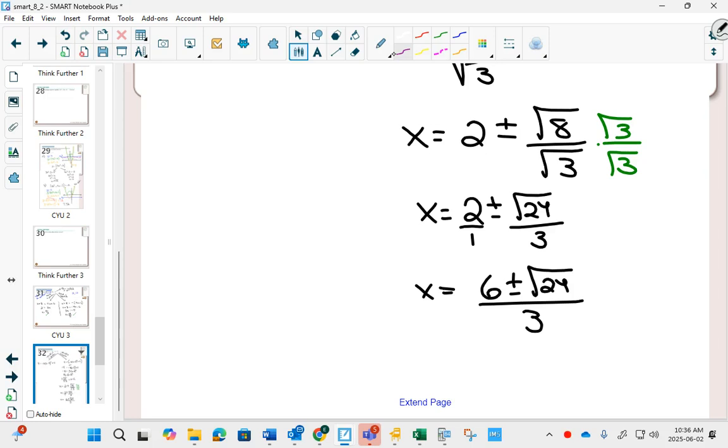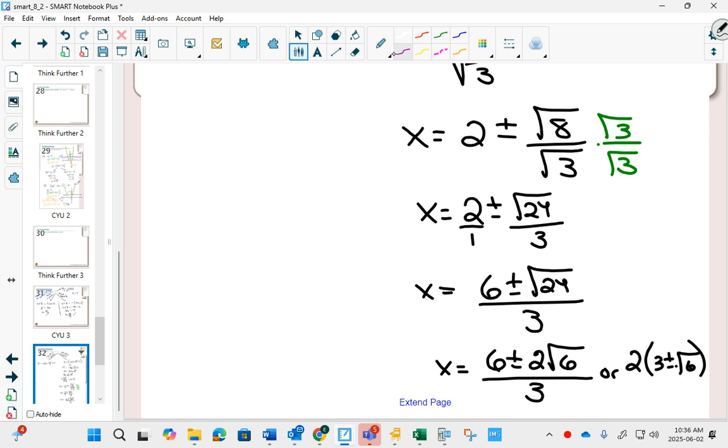Square root of 24 is, we review like 4 units in this one question. 6 plus or minus, this is 4 times 6, which is square root of 4 is 2. 2 root 6 divided by 3. I could leave it like this, because I notice there's no common factor that divides, or I could factor out a 2 on the top. But nothing simplifies. So either of those would be good.